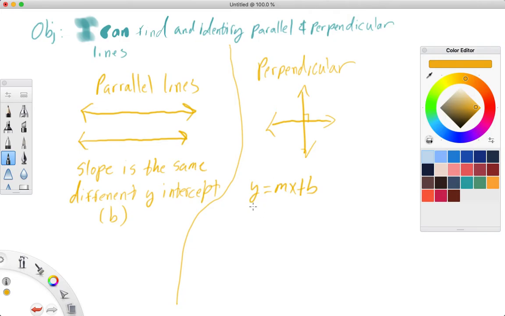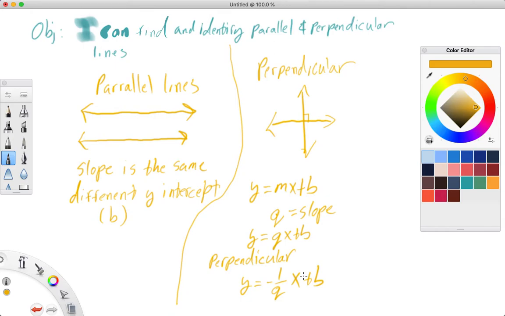So let's just say that we had a slope of q. q is our slope, so our equation would be y equals qx plus b. We'll do some numerical examples later, but just to start off, I wanted you to see that this is a general form. Then its perpendicular line would be y equals negative 1 over q x plus b.